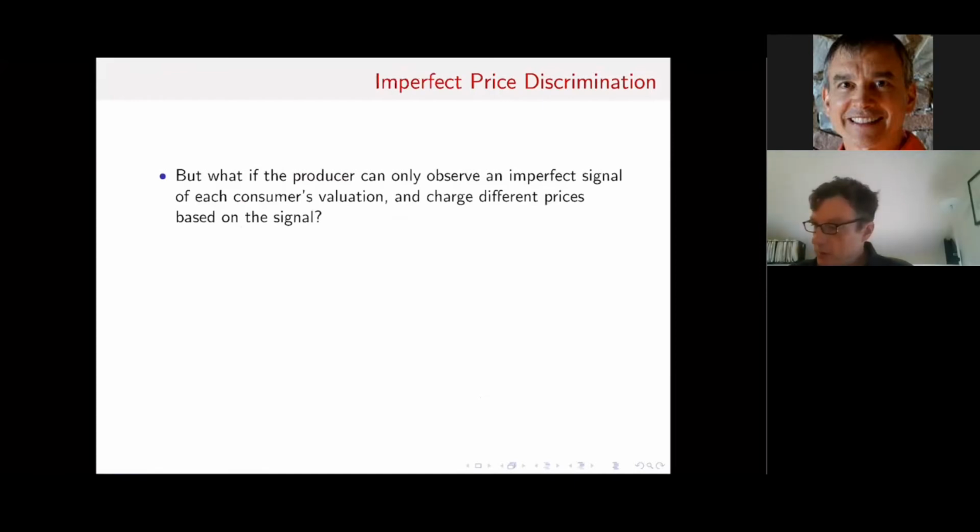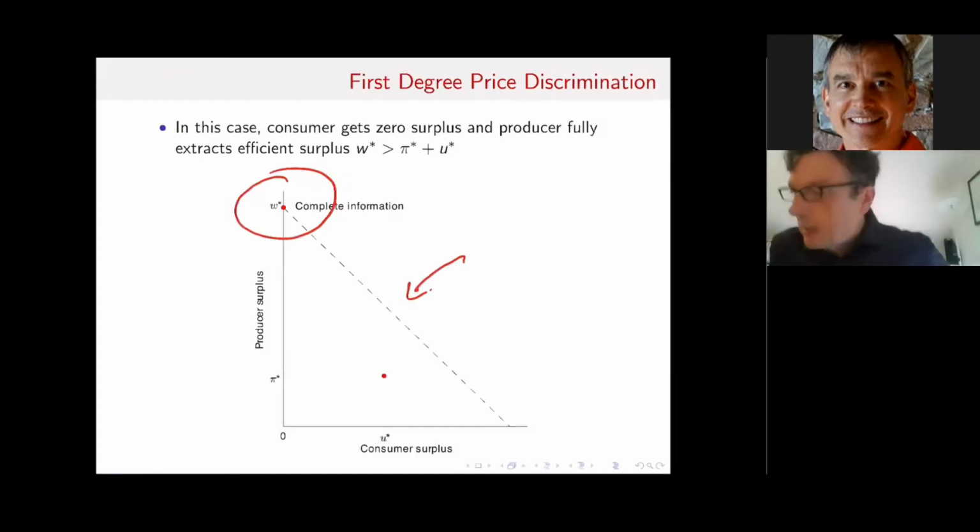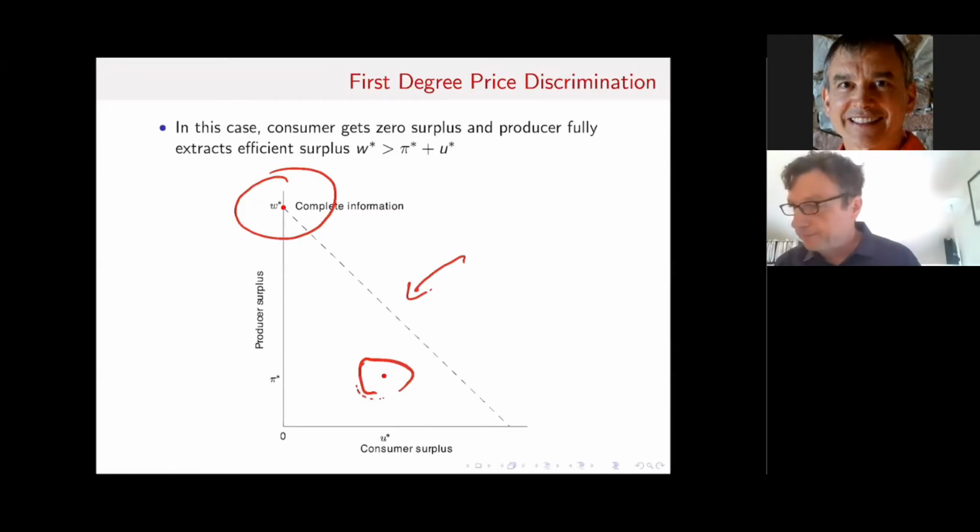The question now is, are other outcomes between this outcome here and this outcome down there possible? And what exactly is possible if we let the information that the seller has vary between zero information, which gave us the first point, and complete information, which gives us the second point?